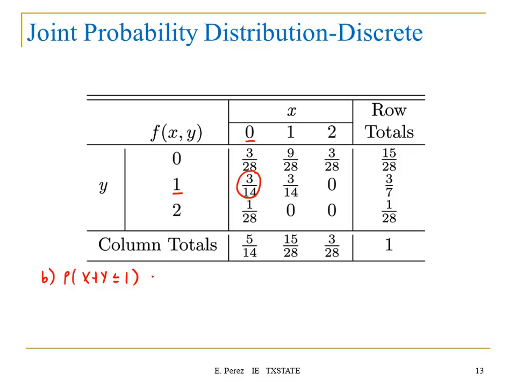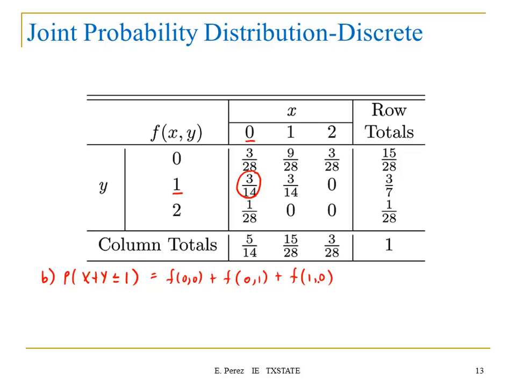You just have to look at the table and find the probabilities for the outcomes that are less than or equal to 1. For instance, that will be f(0, 0) plus f(0, 1) plus f(1, 0), because when you add the outcomes of those random variables, each sum is less than or equal to 1.